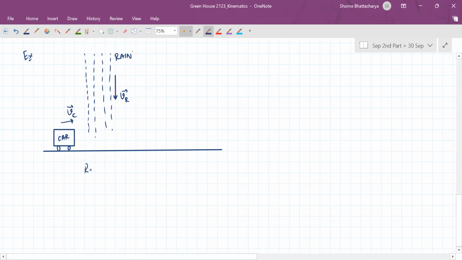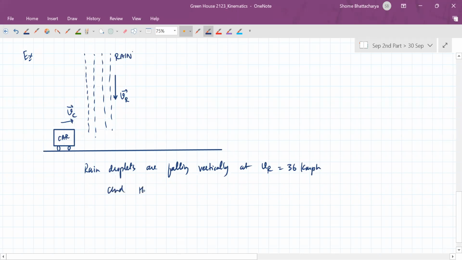So rain droplets are falling vertically at a velocity, let us say 36 kilometers per hour.